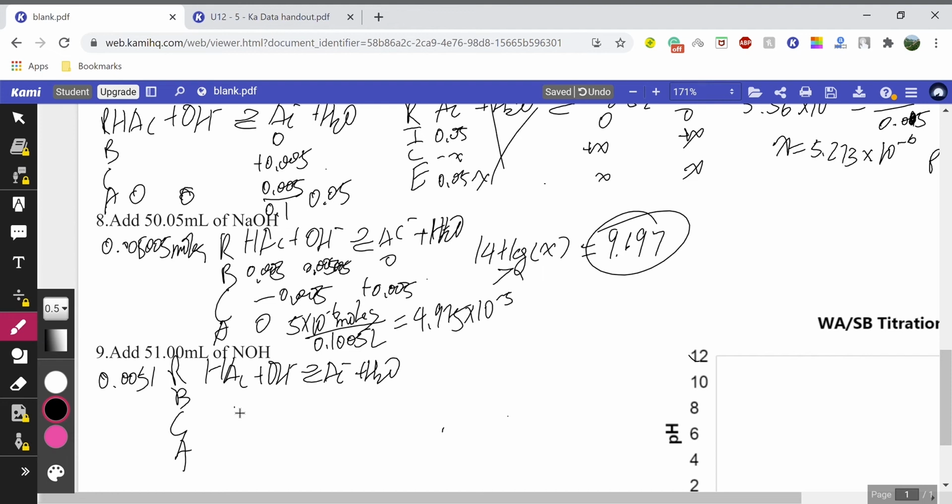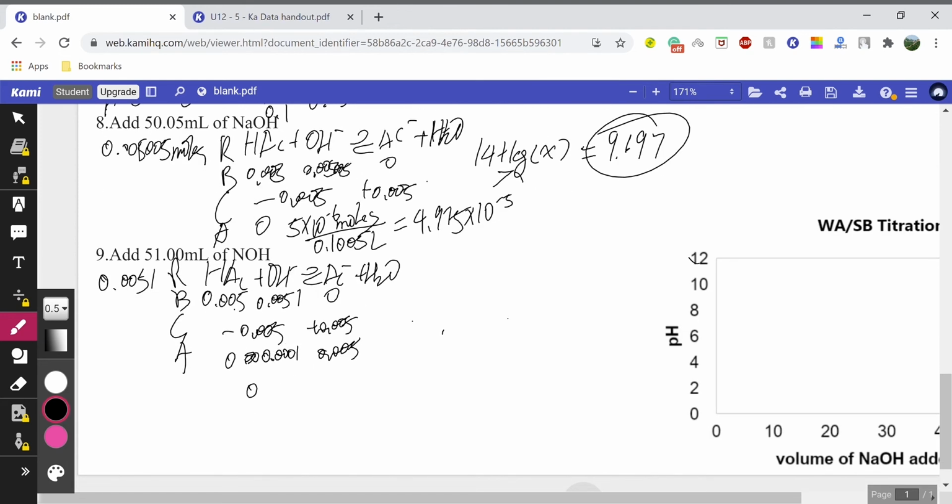Alright, so now our concentration of acetic acid never changed, so it's still going to be 0.005. Plus this time will be 0.0051, minus 0.005 on both sides. This is going to be 0, and this side is going to be 0.0001. Ac minus is going to be 0 plus 0.005, but that's not really important anymore because we'll just be using this.